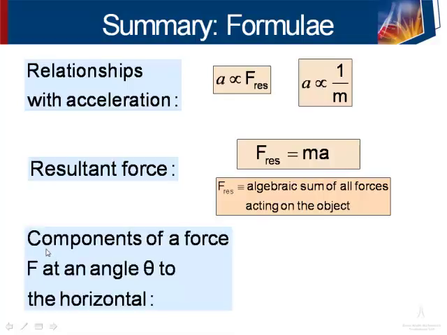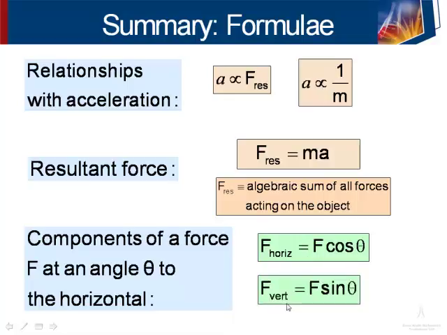We often have to calculate components of a force. Remember, when a force is applied at an angle theta to the horizontal, it contains two components. The horizontal component, which can be worked out by F cos theta, and the vertical component, which is F sine theta.